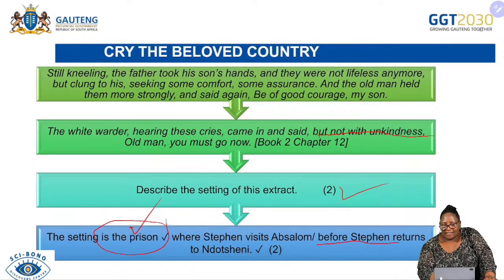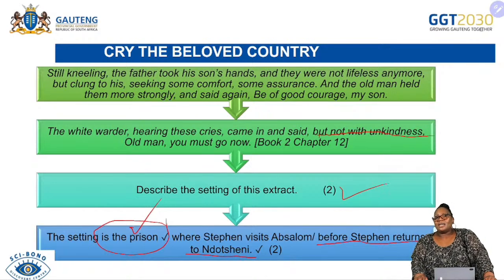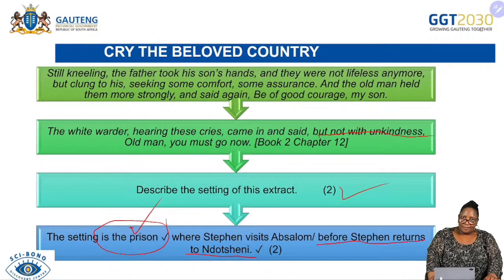Before Stephen returns to Ndotsheni, he's there to bid him farewell. That, look, my son, be of good courage. I'm leaving, I'm going home. So that's your 2 marks.